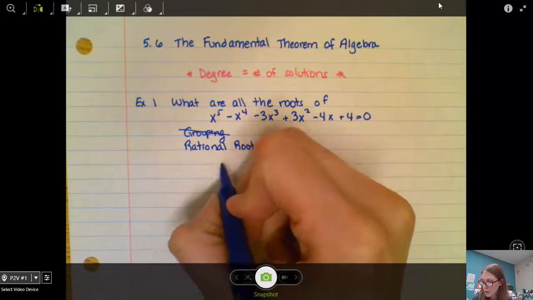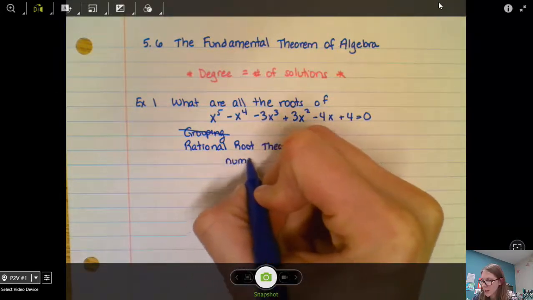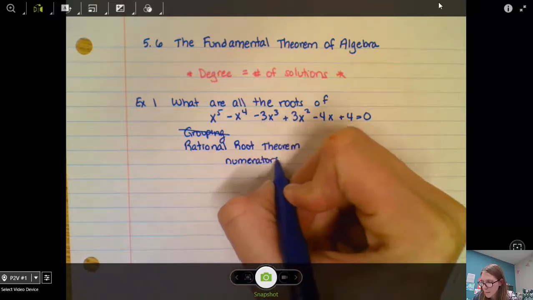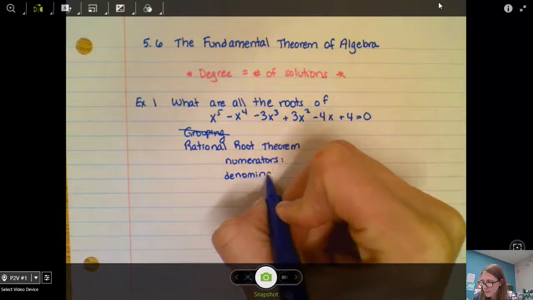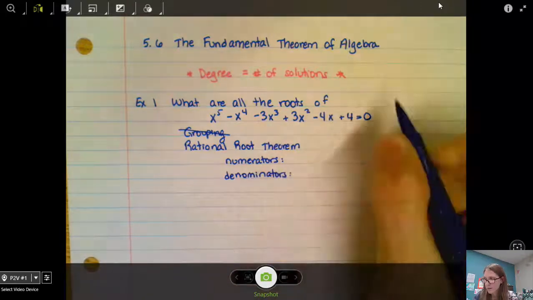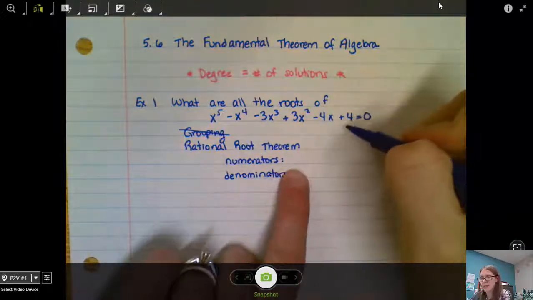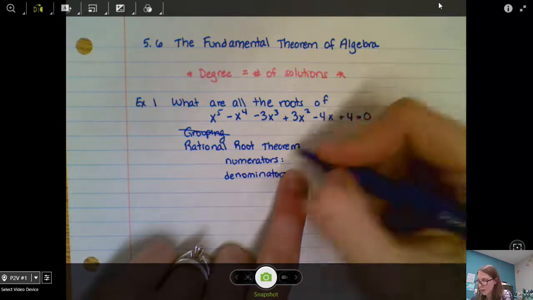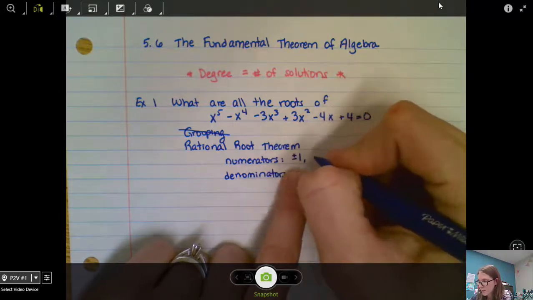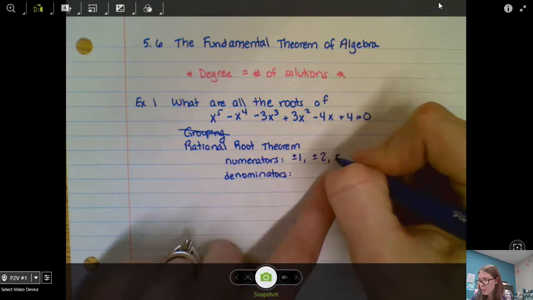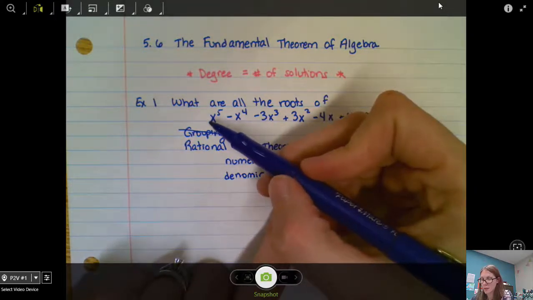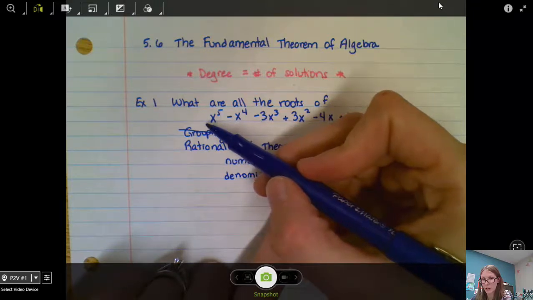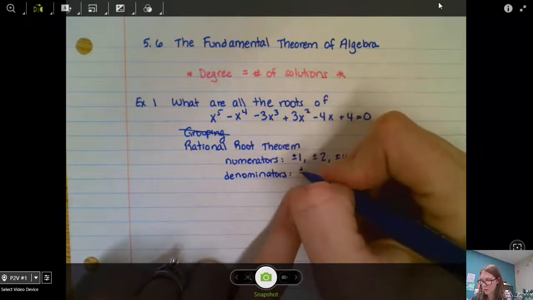So with our rational root theorem, we want to list out our possible numerators and our possible denominators. My possible numerators are numbers that multiply to the 4 here, so it could be 1, 2, or 4. My possible denominators are numbers that multiply to my leading coefficient, which is just 1.